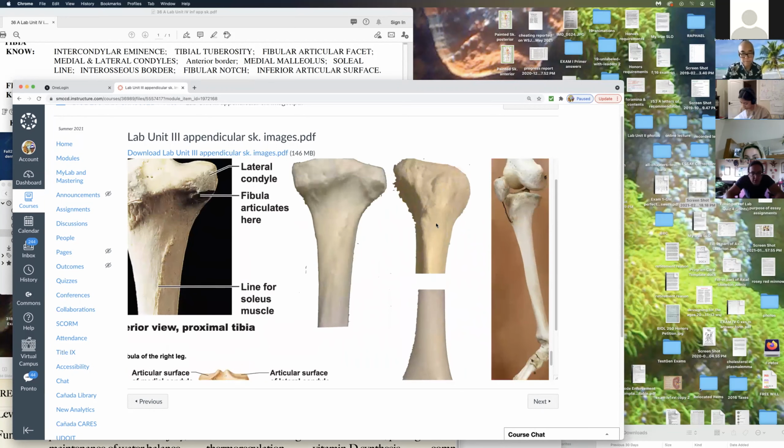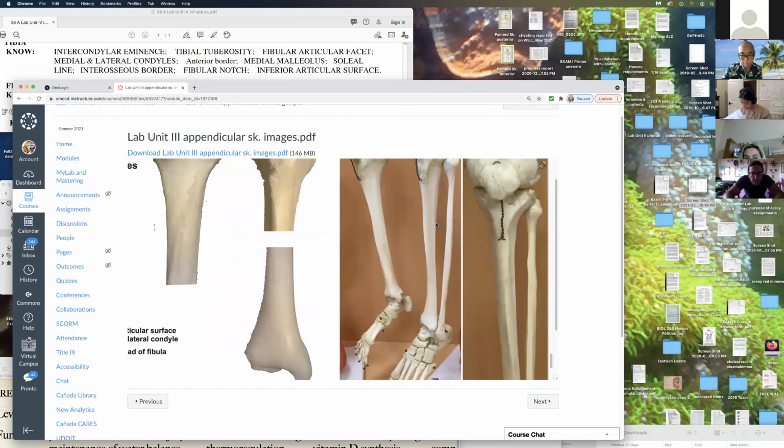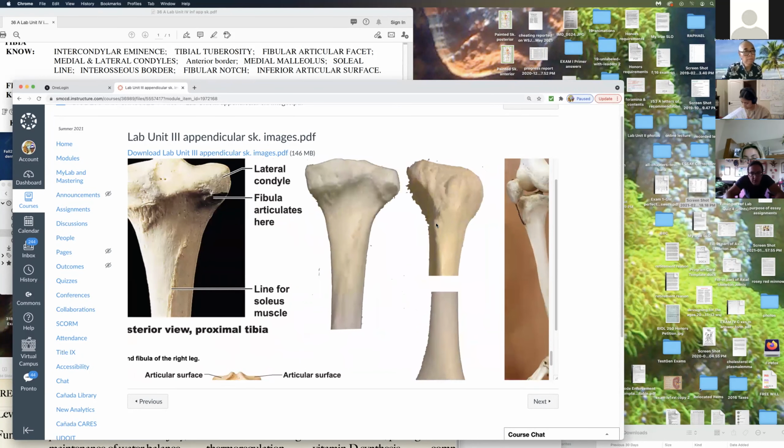Professor, quick question, kind of off topic. Where would the anterior tibiotalar joint be? Anterior tibial what? Tibiotalar joint. It's not really on the list. I'm just kind of curious, just personal. Spell that word. Tibiotalar.